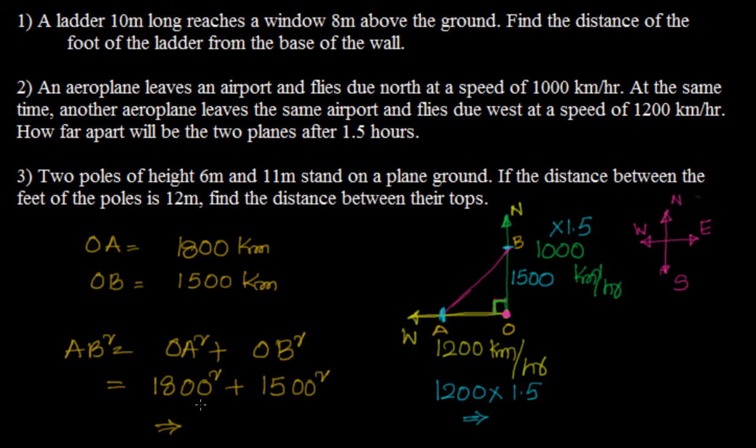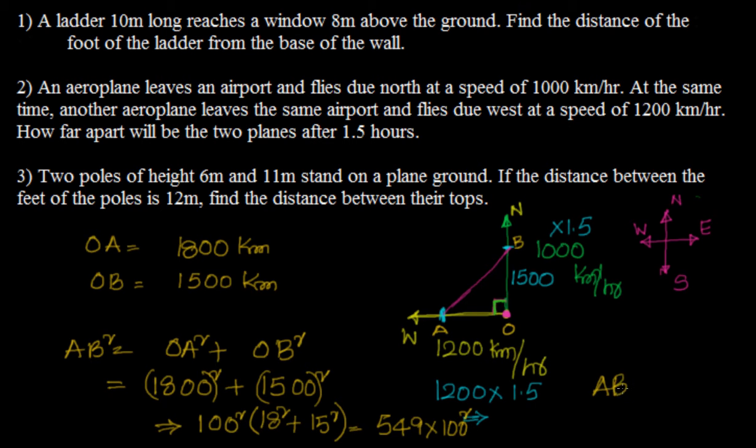If you simplify this, can I say 100 square into 18 square plus 15 square, so that it's easy for me. That's nothing but 549 into 100 square. Now what will be the square root of that?